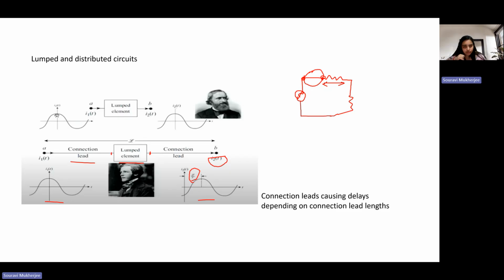This is taking care of the fact that your signal will take some finite time to travel, so there will be some delay between the input and the output. That is coming because you have a connection lead of certain length and the signal is taking certain time to go from one end to another. So there can be phases that can come in.